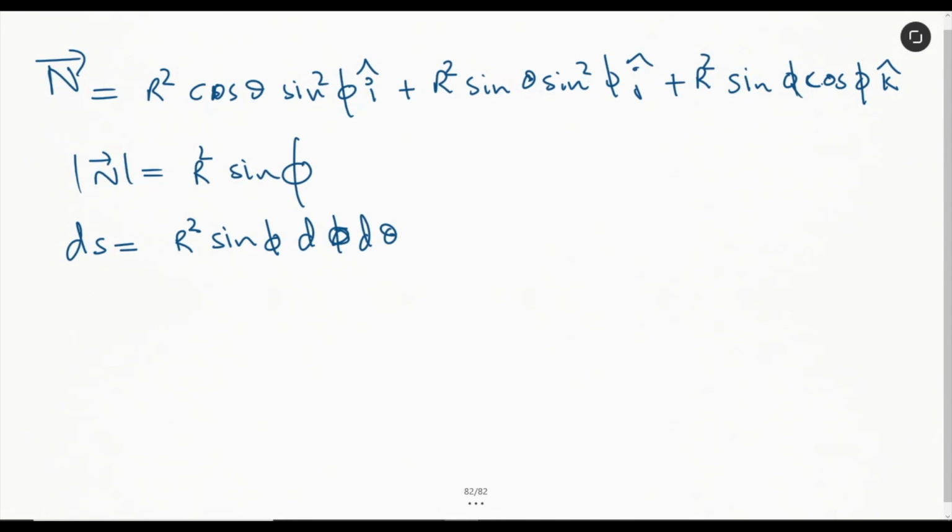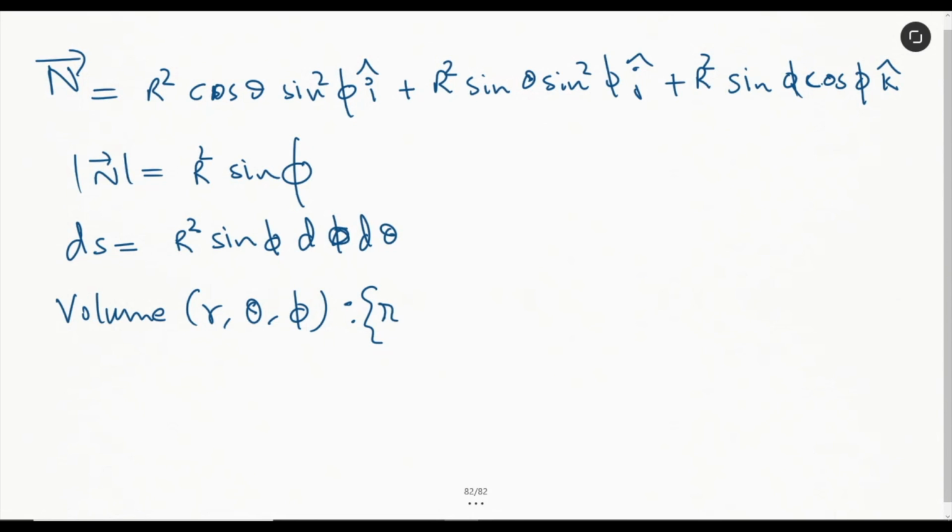Whereas if we are talking about the volume, the parameters we are going to have include small r, because small r will have an interval from 0 to capital R, theta which will vary from 0 to 2 pi, and phi which will vary from 0 to pi. In this case, the components are going to be the same, but the radius is going to be variable.